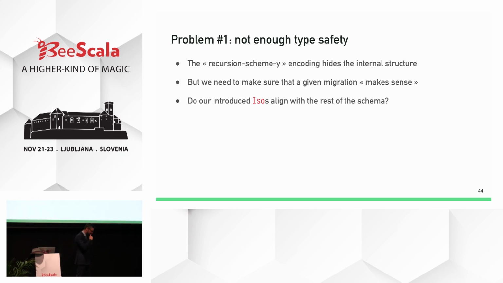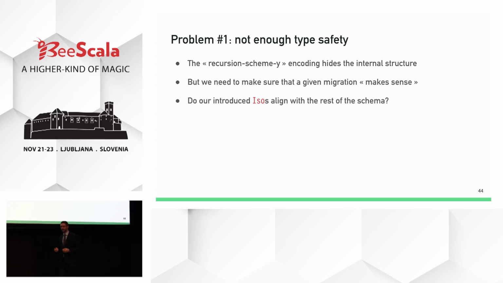First, the fact we use recursion schemes, which was almost mandatory for that project, made our life difficult in order to verify that a migration can apply to a given schema. Because that's the whole point. The recursion scheme representation, with the functor and so on, the type parameter instead of the recursive reference to the type, makes the structure of your schema invisible from the type level.